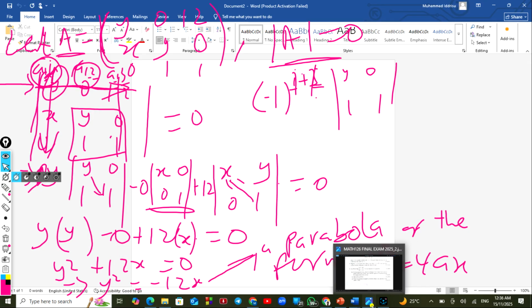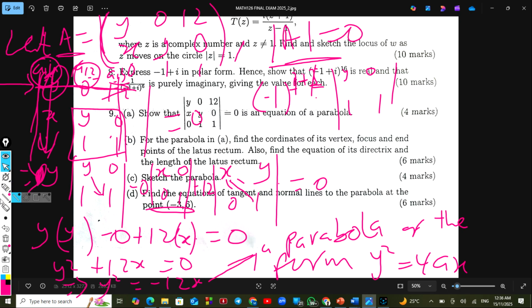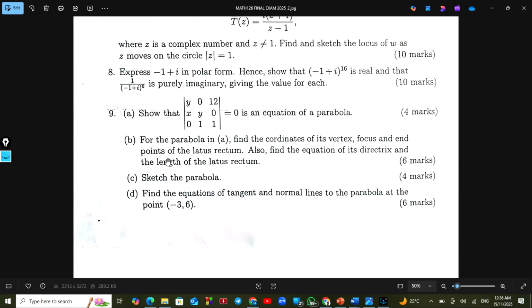So let's see what we will be calculating next. The first part, we are done with this. The first part showed that this determinant is an equation of a parabola.